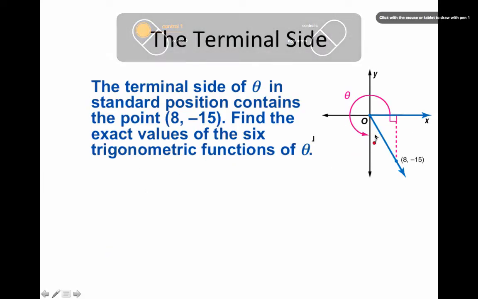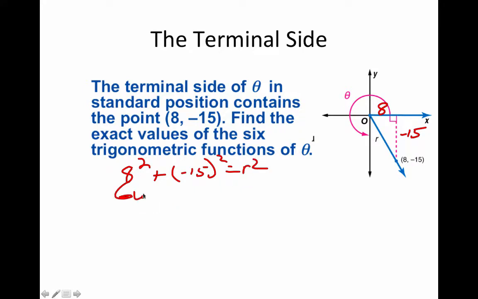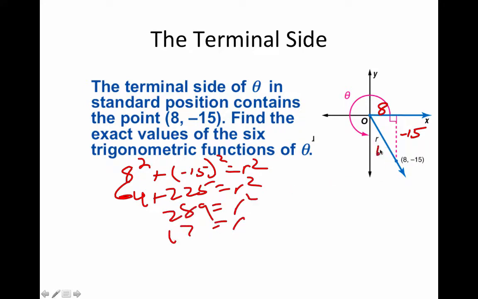If we do something like this, I would go 8 right, 15 down. The Pythagorean theorem would give us 8 squared plus negative 15 squared equals r squared. 64 plus 225 is r squared. r squared is 289. r is 17.